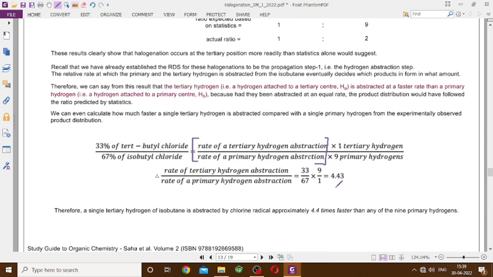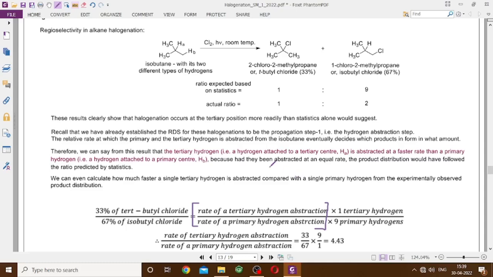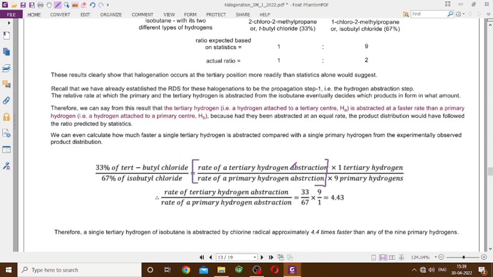It will become like 1600 or something like that. You can do that by putting 99 and 1 here and dividing. So it will be huge, extremely more reactive. But that's a different issue. Right now we are concentrating on the chlorination reaction, where we have already established that a tertiary hydrogen is getting replaced almost 4.5 times faster than a primary hydrogen.